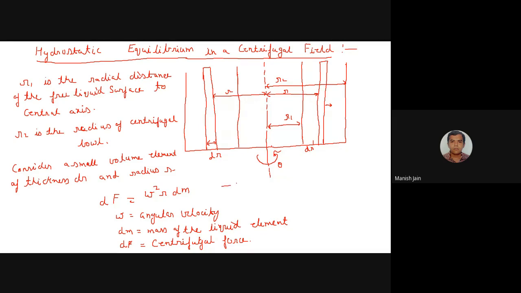Now in this equation, you can represent dm in terms of density and volume. What is dm? Mass equals density multiplied by volume.